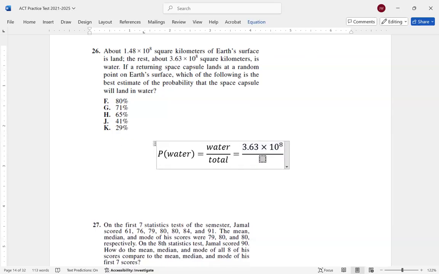And then the total is going to be the sum. Now, when you add 1.48 times 10 to the 8th plus 3.63 times 10 to the 8th, we just have to add 1.48 and 3.63. The times 10 to the 8th is going to stay with us. That'll give me 5.11 times 10 to the 8th.